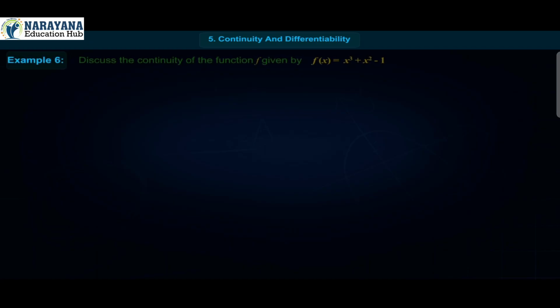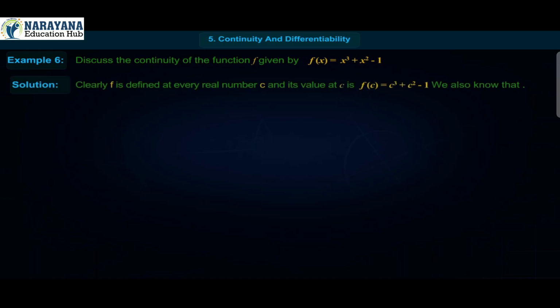Example 6. Discuss the continuity of the function f given by f of x is equal to x cube plus x square minus 1. Solution: clearly f is defined at every real number c and its value at c is f of c is equal to c cube plus c square minus 1.